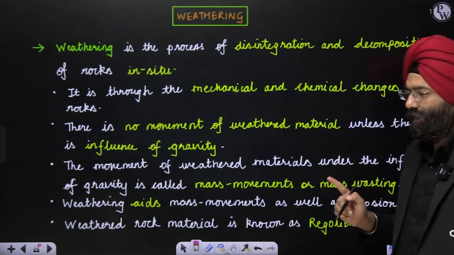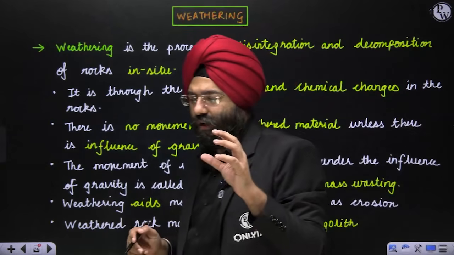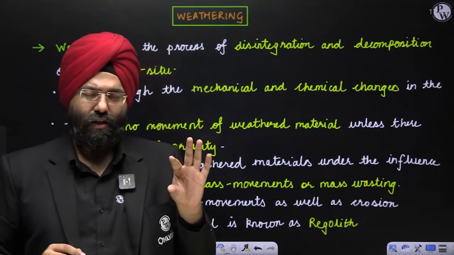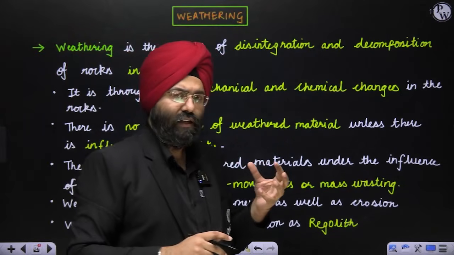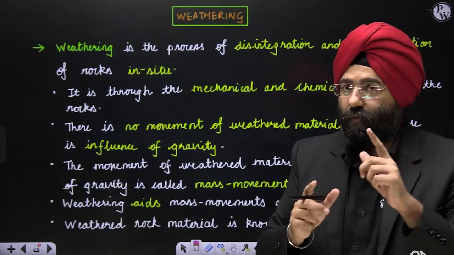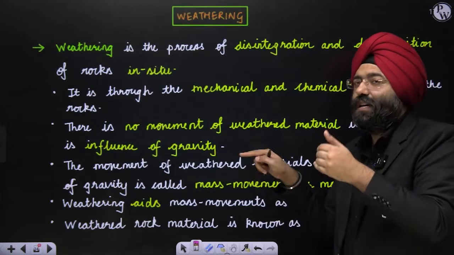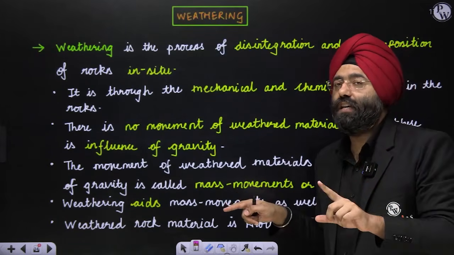Now, please understand how weathering and mass wasting are associated over here. Weathering is the decomposition and disintegration of the rocks or the minerals in the rocks. This decomposition is weathering. The movement of this weathered material under the influence of gravity is mass wasting or mass movement.